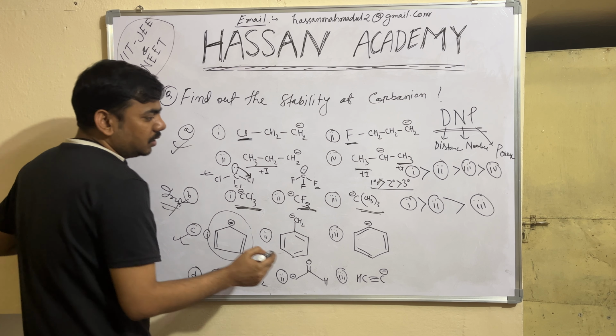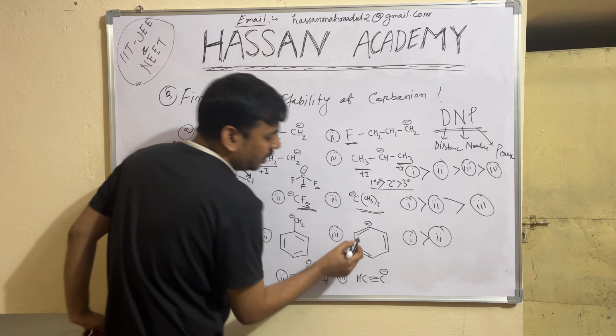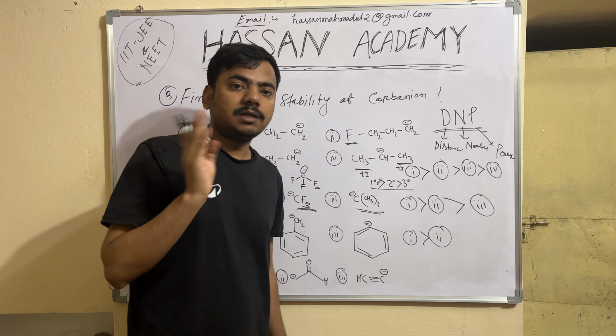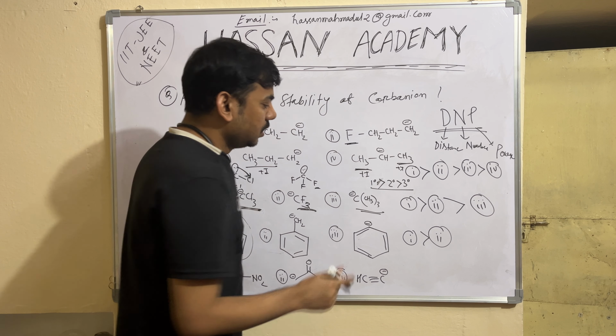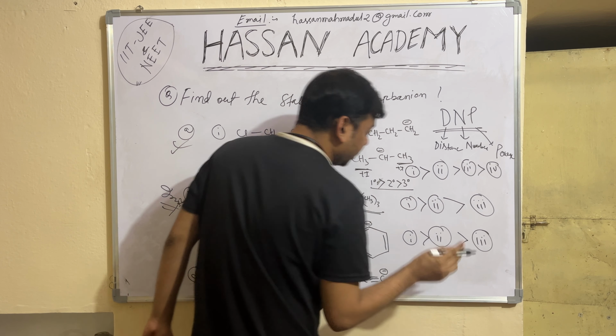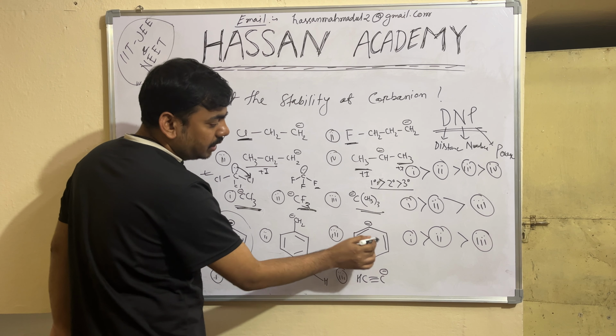So stability order: number 1, then number 2, and you can see here benzene with negative charge. One thing you remember, benzene with negative charge and positive charge are both unstable, so it will go for number 3. Positive charge is very unstable, and this is also unstable because it is localized, it won't do the delocalization.